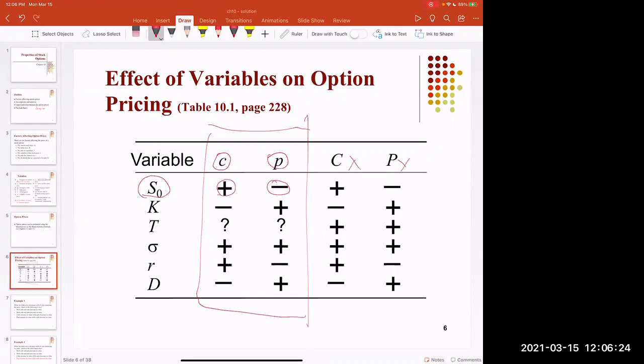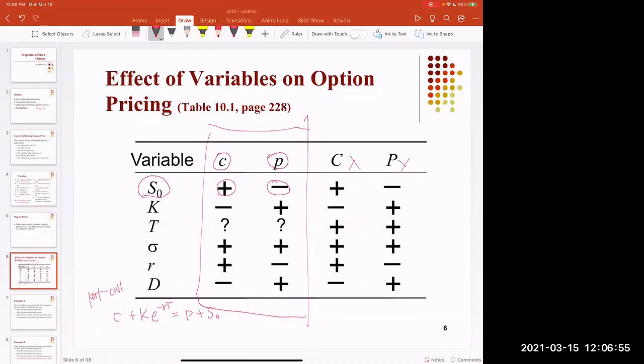Actually, we can get that relationship by put-call parity. Although we're going to learn put-call parity later, you actually learned that in another class, right? C plus K discounted, which is the risk-free investment, equals P plus stock price. This relationship is called put-call parity.